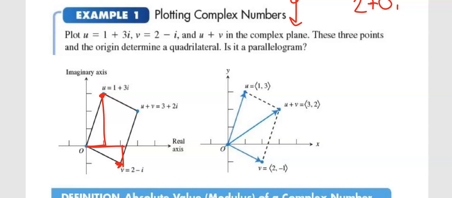Okay? So, it's going to look very much the same. But instead of putting 3, 2 with those weird looking vector brackets on it, look how they write it. 3 plus 2i. Did they just add 1 plus 3i and 2 minus 1i together? Of course they did. So, nothing new there. It's a different format.